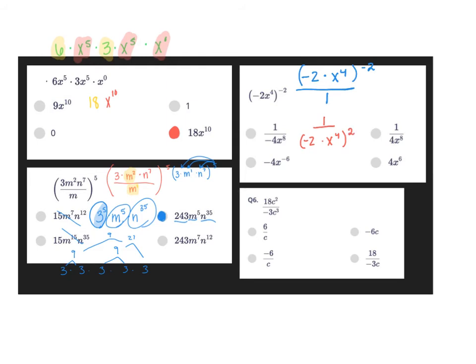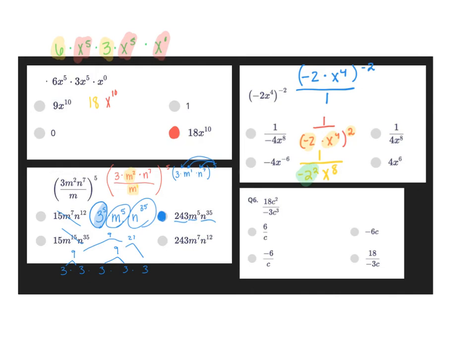From there, this exponent is going to be distributed to both terms, negative 2 to the 2nd, and then x to the 4th times 2 is x to the 8th, all beneath the 1.